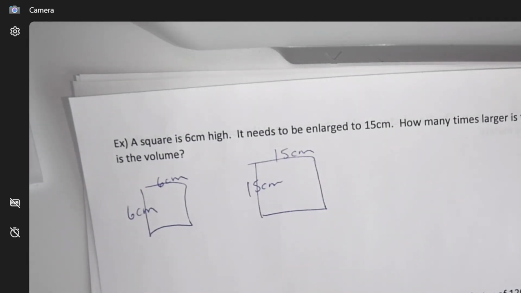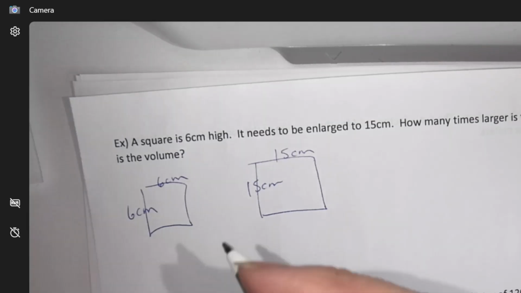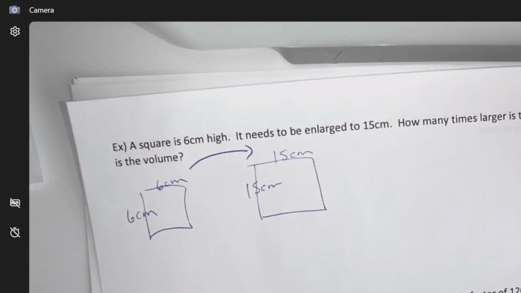How many times larger is the area? Okay, I'm not going to calculate the area. Here's what I'm going to do. Give me a number between 6 and 15. How many times bigger? So give me a division there. What's 15 divided by 6?